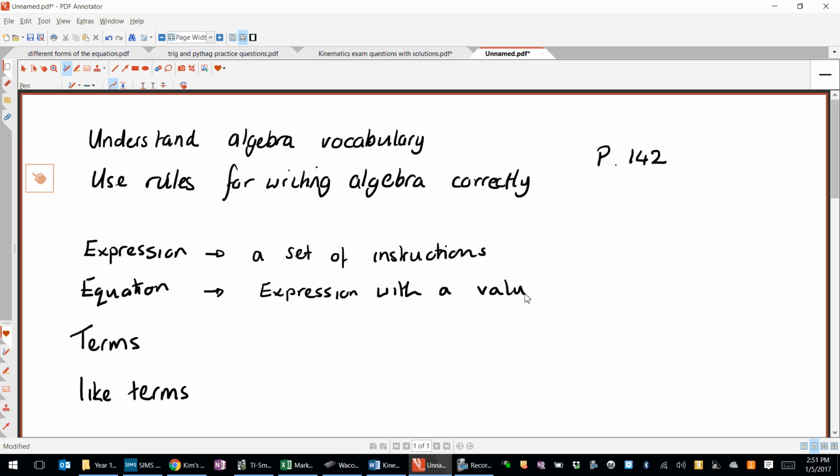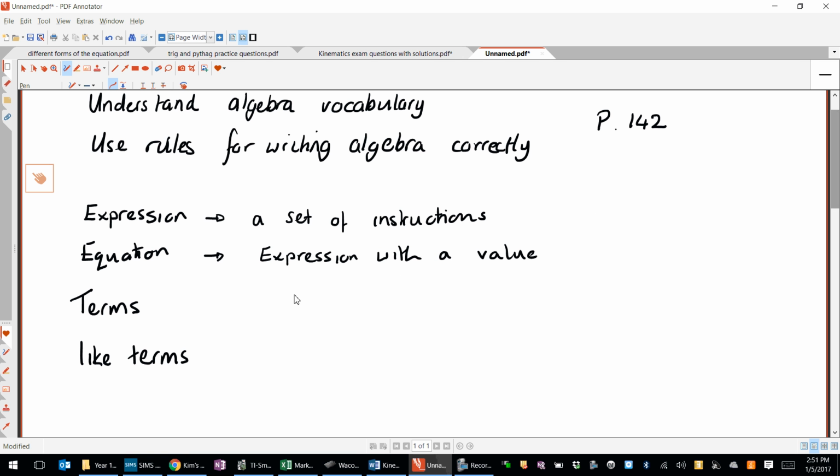Now a term or terms. Anyone already know what a term is? Is it like a word or a set of words that mean something? Although we're using algebra, so it wouldn't be words. Symbols, letters, it depends.